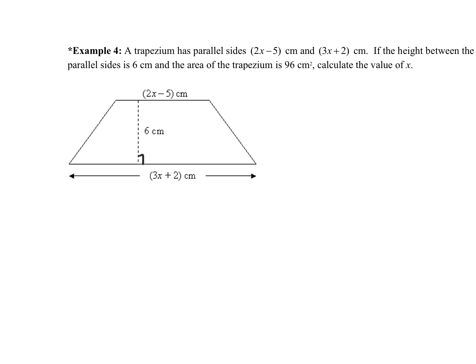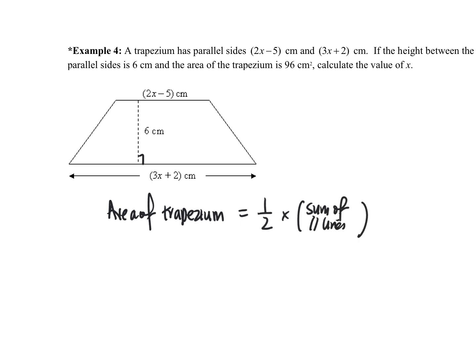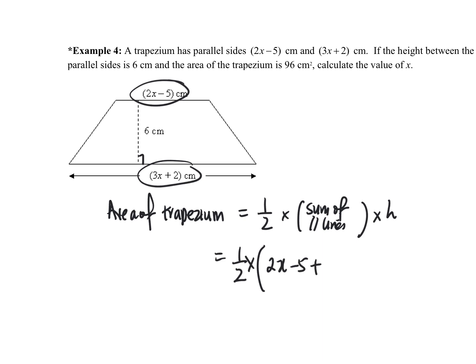Okay, so area of trapezium. Always write down the formula: half times sum of parallel lines times height. So the sum of parallel lines, you have to add up the two algebraic expressions.